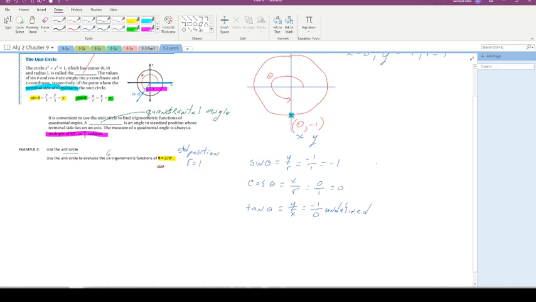And we've got the other 3 trig functions. So we have cosecant of theta. Cosecant of theta is equal to 1 over negative 1. Oops, let me go back to this function.